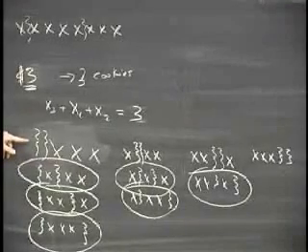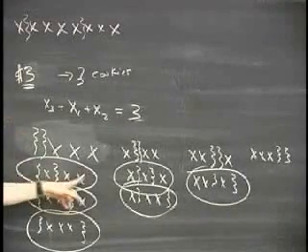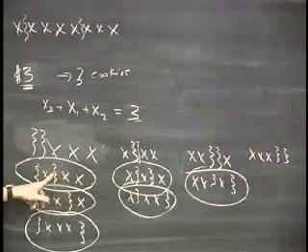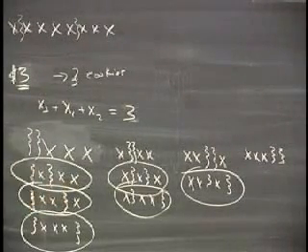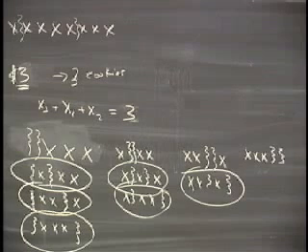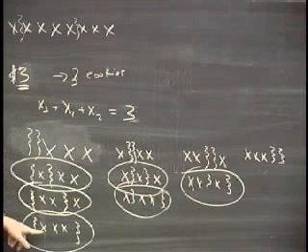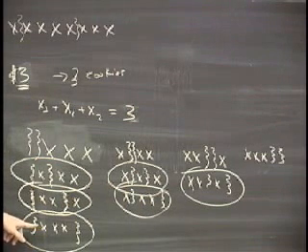Now, if Chris is choosing 2 spots out of, how many spots are in here? 1, 2, 3, 1, 2, 3, 4. 4 choose 2. He's got 6 different ways of choosing those 2 spots. And here they are. These are all of Chris's possibilities if he counts 4 choose 2.